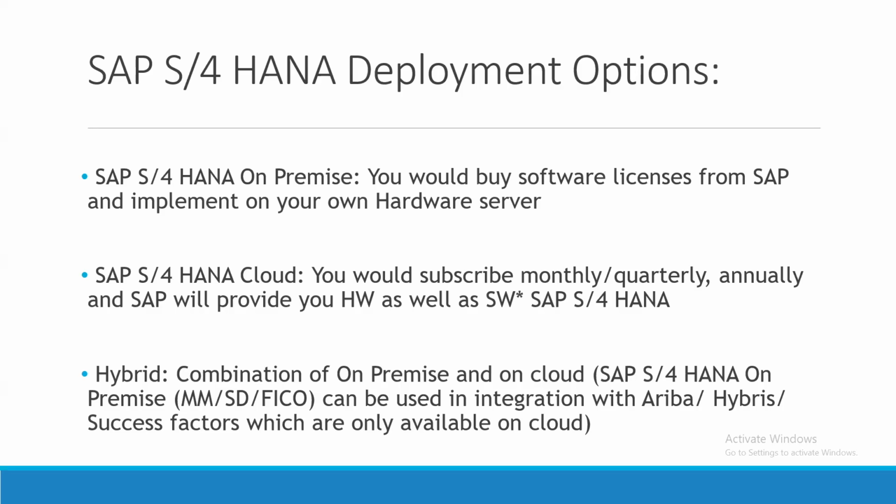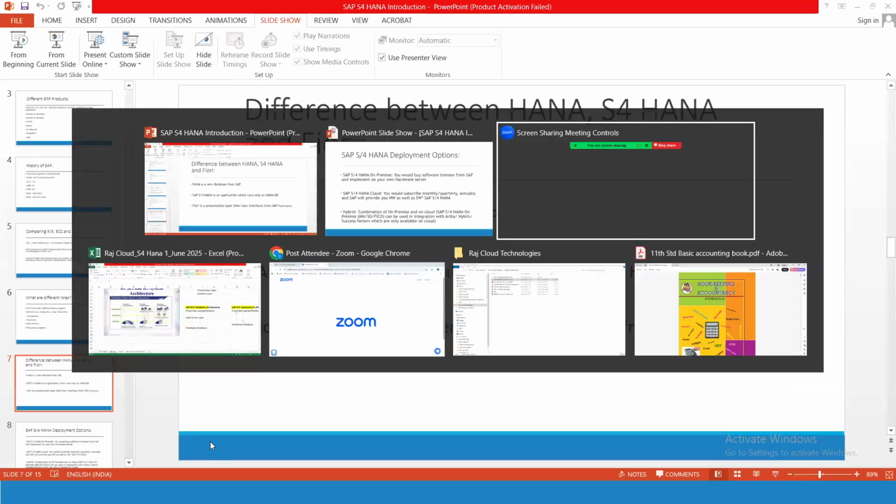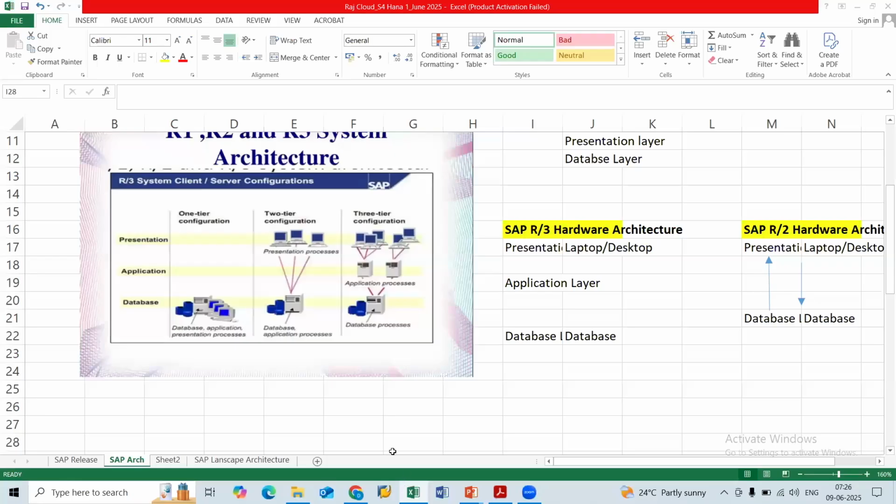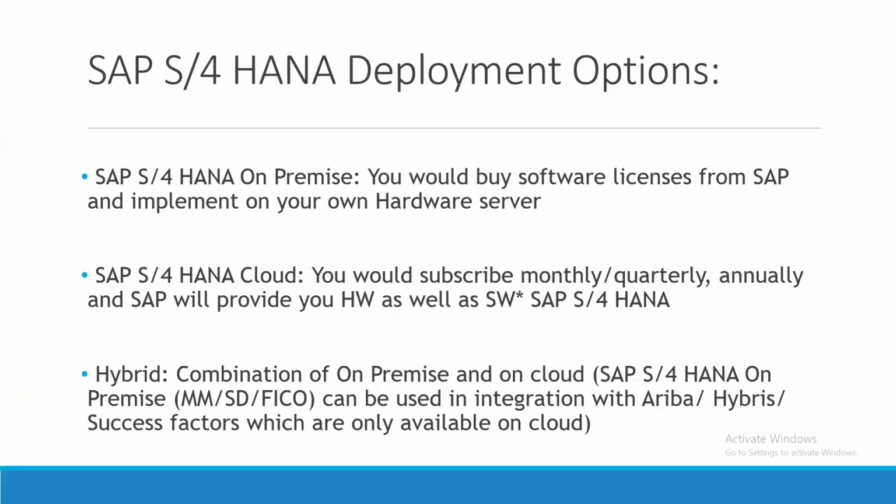Now, the server is nothing but the database. So this is the physical server you are actually getting from SAP. And by using this server, if you are trying to log in into SAP, it is called SAP S4 HANA on-premise. On-premise is your physical server that you are going to use.